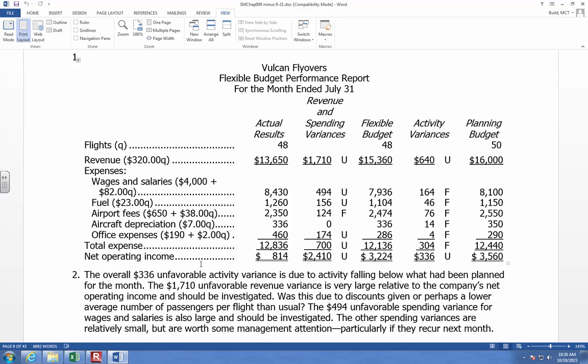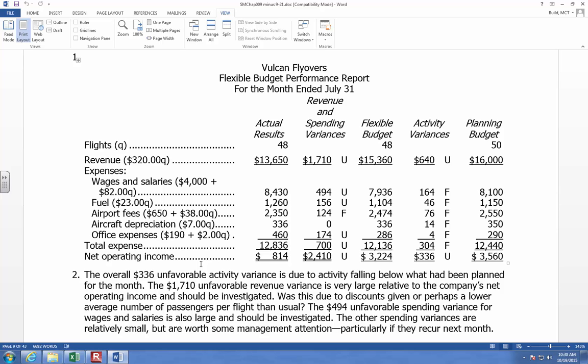So that is a pretty great concern. $336 of that drop is based sheerly on what? Yeah, 336 was based on the fact that I had 48 flights rather than 50, right? That's my activity variance. It's solely based on the fact that I flew 2 fewer flights.